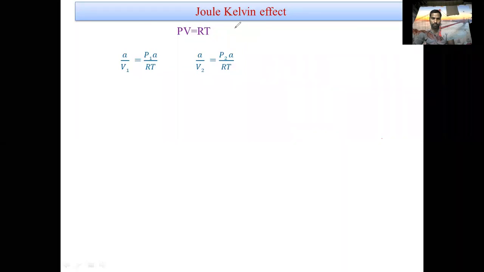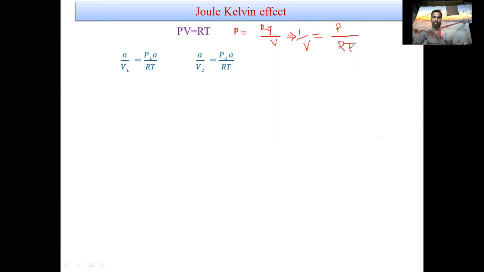Now P = RT/V, which is nothing but 1/V. According to this, 1/V = P/RT.